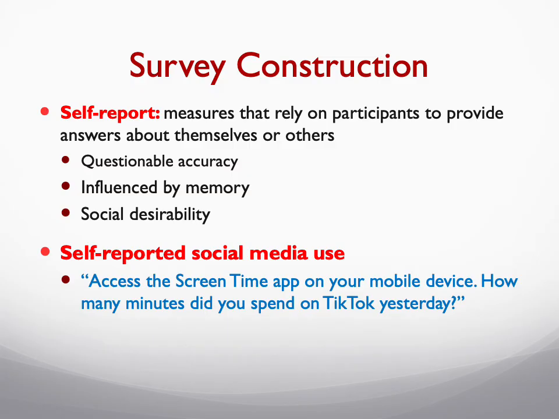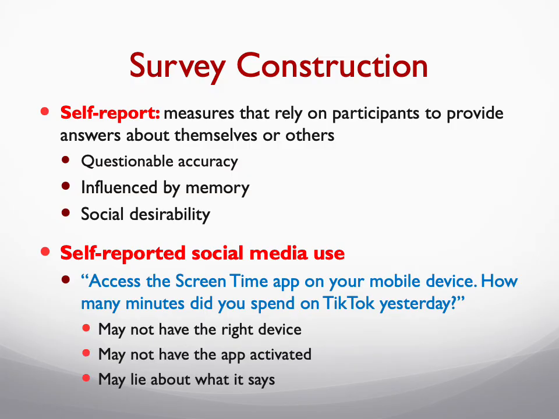And this is great because this is a much more theoretically objective measure of how much they were using TikTok yesterday. The limitation, though, is that not everybody is going to have that same app. For example, iPhones and Android devices have different kinds of apps that measure the minutes you're spending on these different apps, and they portray those estimates in different ways.